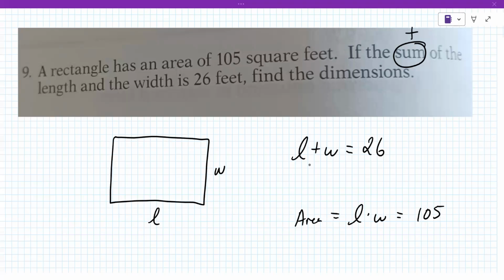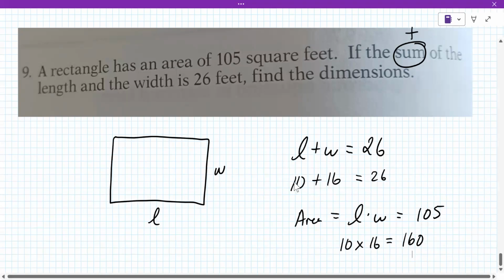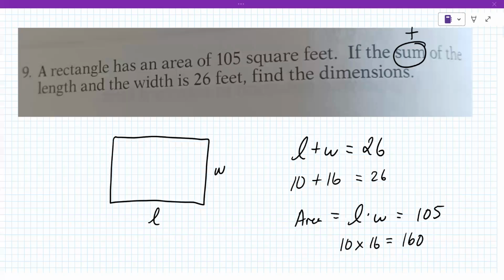So for example, did you try 10 plus 16? That would be 26, right? But what's 10 times 16? That's 160, right? So notice that's too big. Let's pick a number smaller than 10. 8.